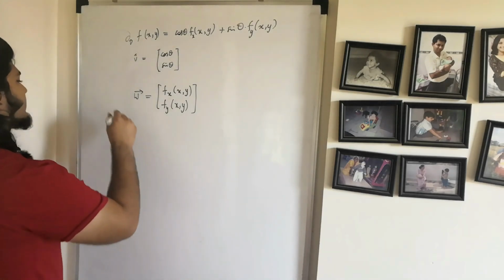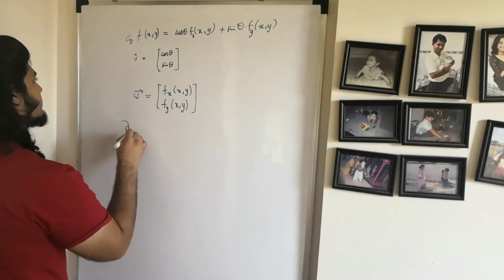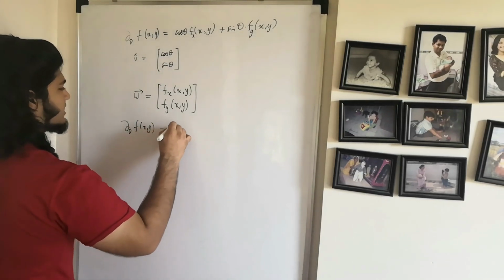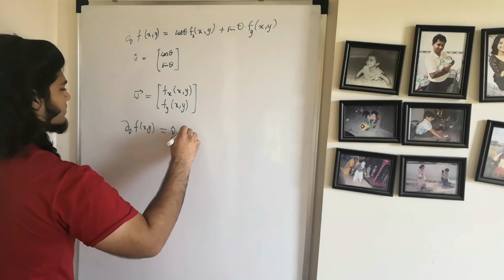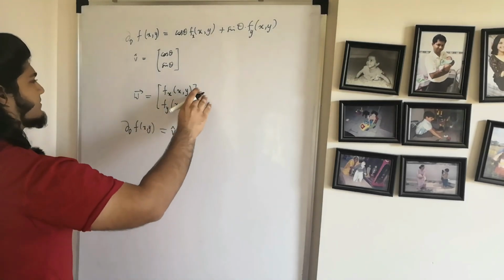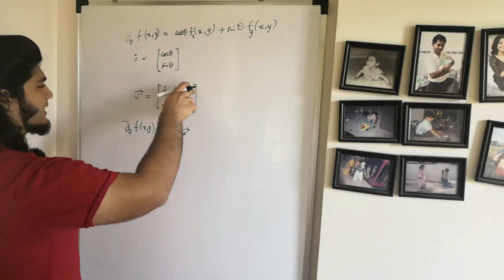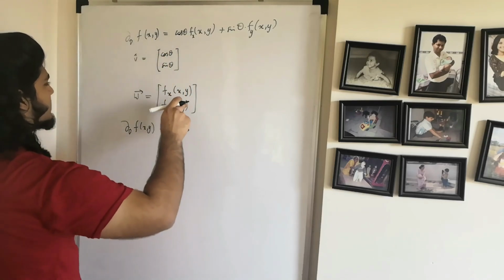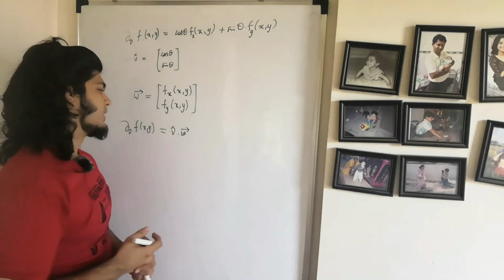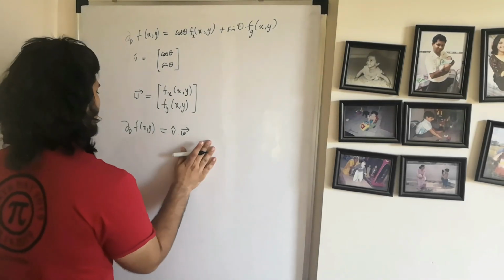And we can also say that the directional derivative of f of x comma y is nothing but v hat dot w vector, right? Because if we take this dot product, then it's going to be f sub x times cos theta plus f sub y times sin theta. The corresponding components multiply. So this is a fair way to say it.